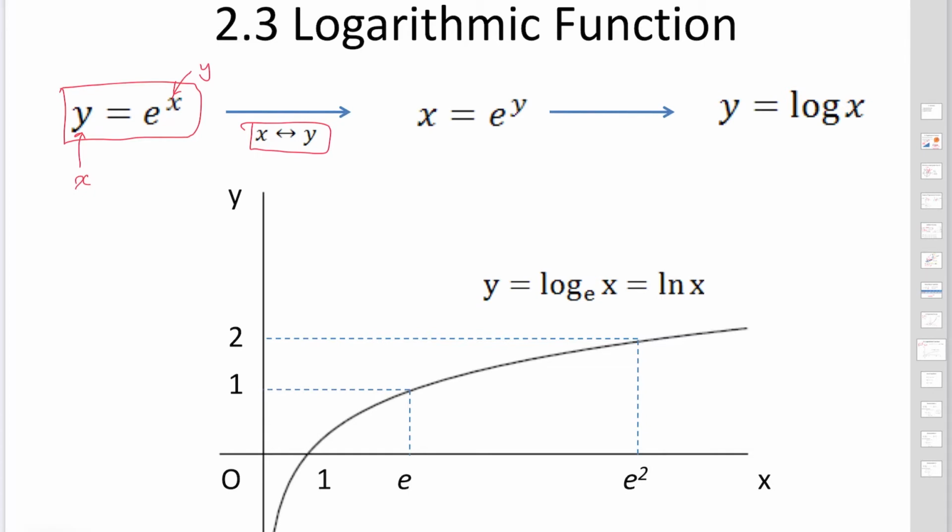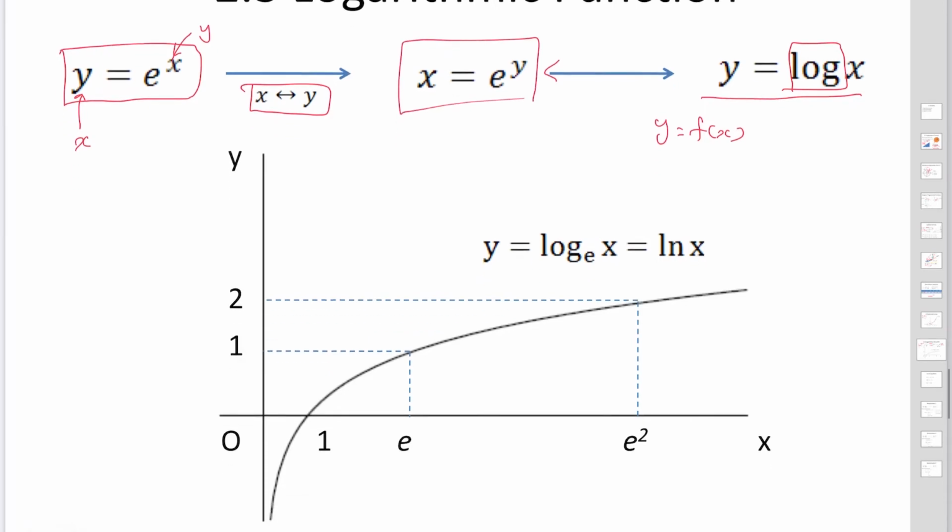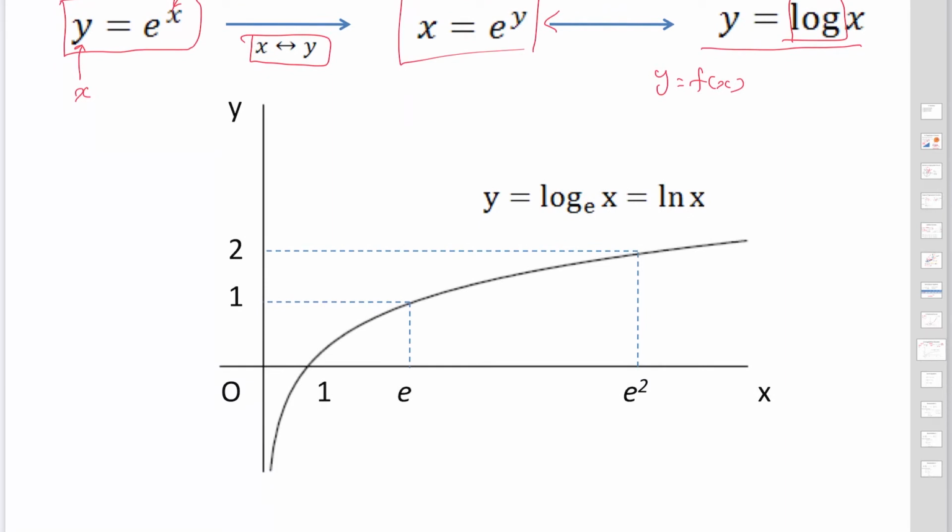And we would like to express y as a function of x. We introduce the log function: y equals log x is exactly the same as this relation.